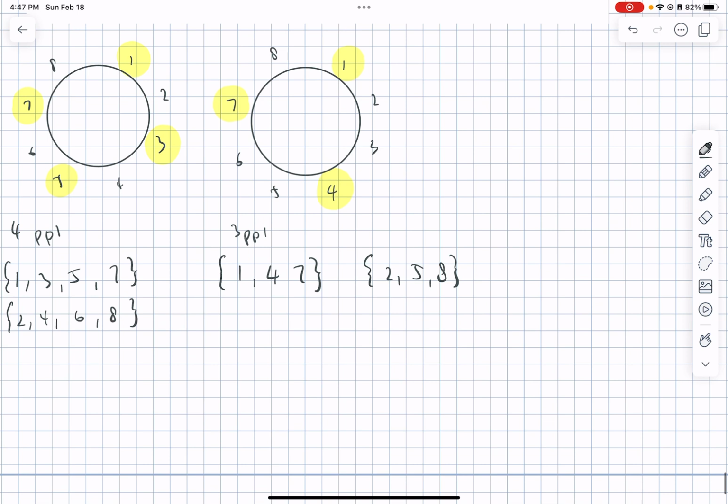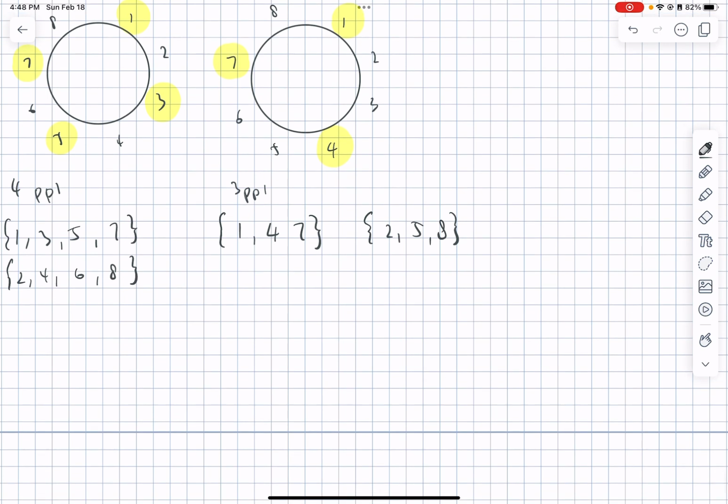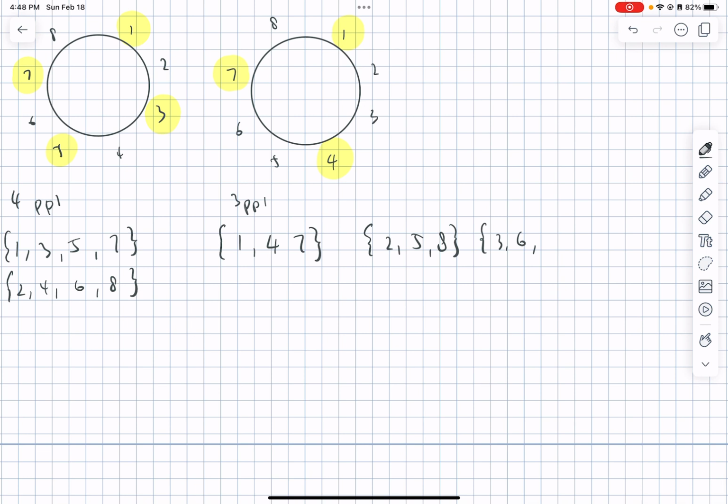For this question, it wants us to list all the possible configurations, so let's just do that. So 1, 4, 7, 2, 5, 8, 3, 6. When we reach 9, that's going to go back to 1 because there's no 9. So 3, 6, 1, and 4, 7, 2. Let's try the next row here.